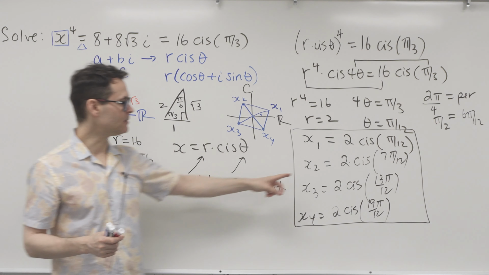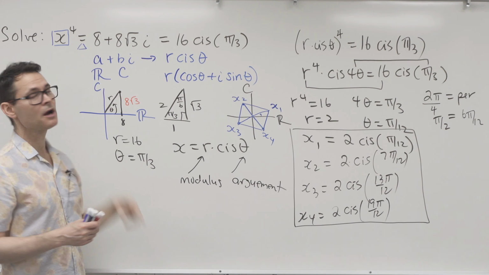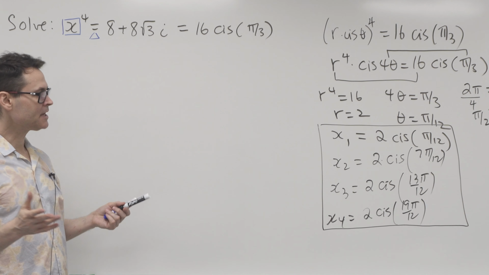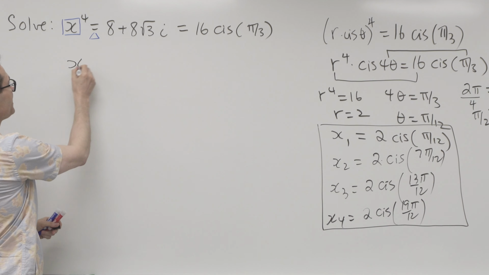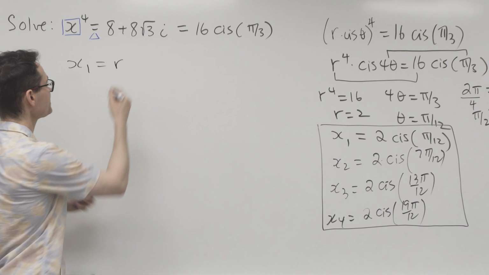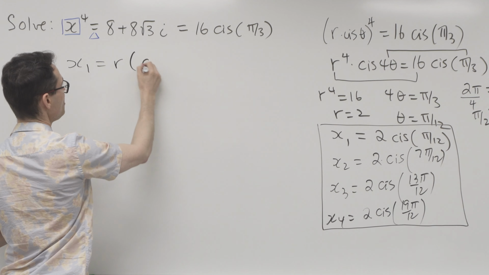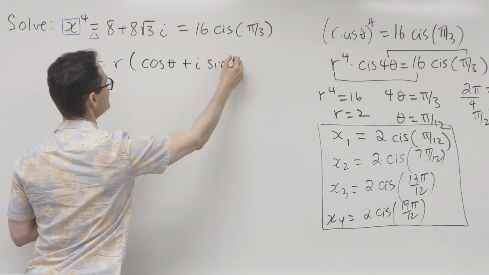Now let's talk a little bit about taking these back into the original Cartesian form. So the first answer that we got was r, and I'm going to take cis and write it as what it actually is: cosine theta plus i sine theta.